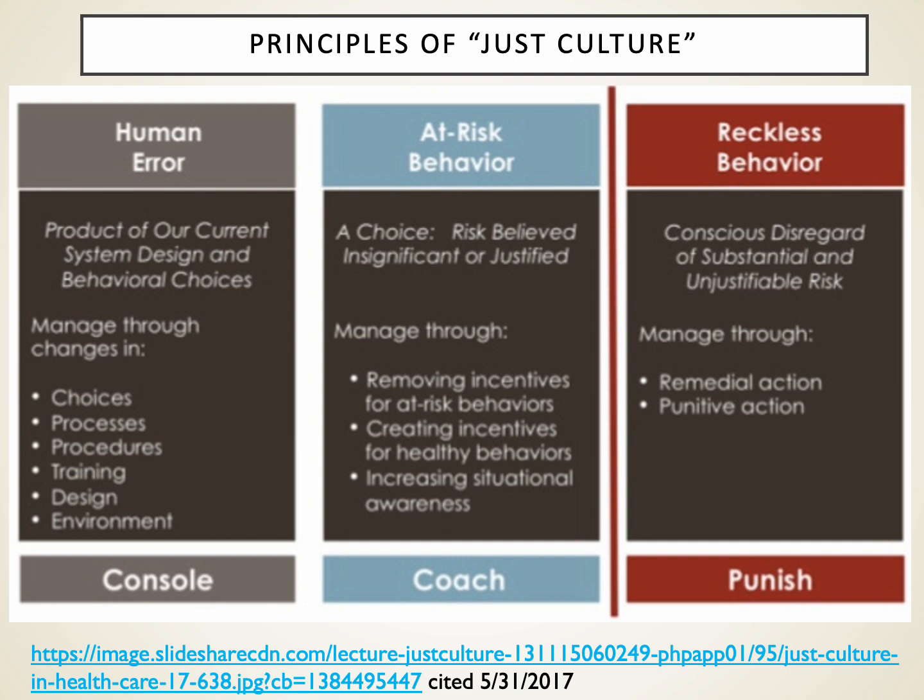And then there are at-risk behaviors where folks may have crossed the line a bit, but there were extenuating circumstances perhaps that prompted somebody to take a shortcut in a drug administration or ordering or something. In both of those situations, we try to counsel and coach and console the healthcare provider and work on systems to make sure that doesn't happen again.